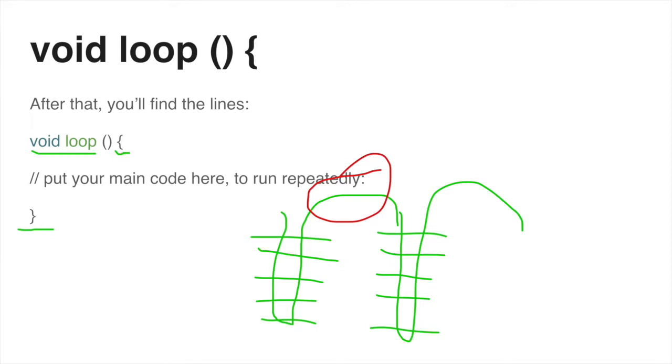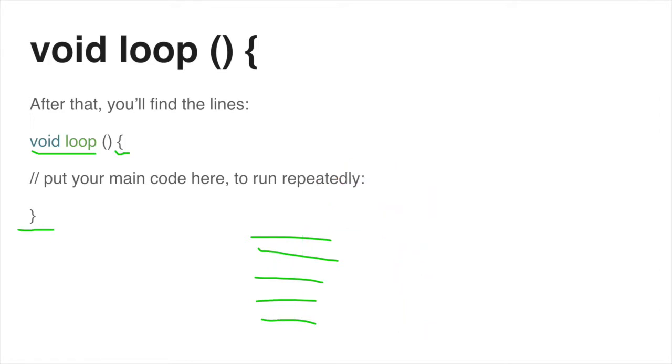So if we had a piece of code that said turn an LED on, and there's really only one line, and that line says turn on an LED, and let's say it repeats forever and ever.